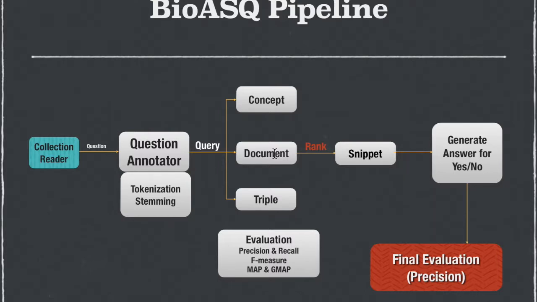This query is used by multiple annotators to retrieve documents, concepts, and triples. The retrieved items are ranked according to their relevance. The SNP annotator extracts sentences from the best ranked documents. Finally, the retrieved answers are used by the answer annotator to generate an exact answer for the question.